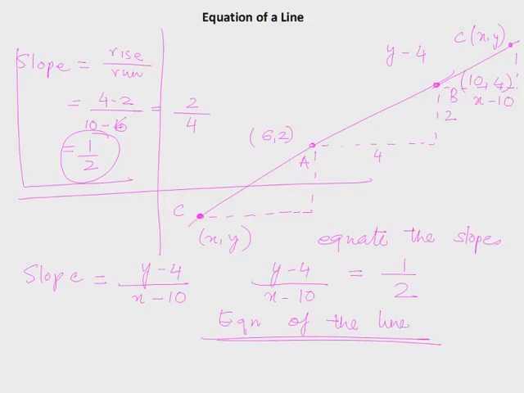The equation of the line is nothing more than equating two expressions for slope, since slope totally captures a line. On the right hand side, I've used 2 points with coordinates, so I've got a value for the slope, in this case half. And on the left hand side, I've used a generic point x comma y on the line and any one of the other points and calculated the slope with these 2 points. So I equate these two slopes and that is the equation of the line.